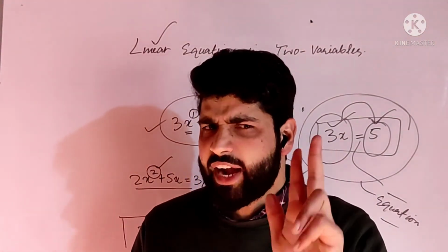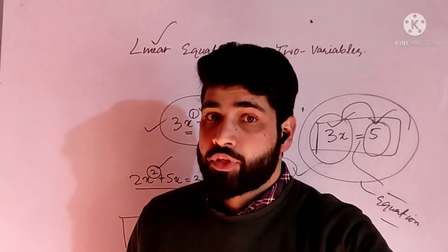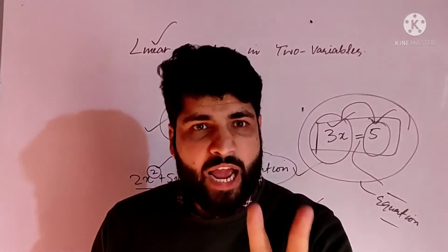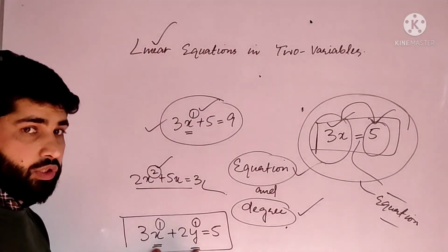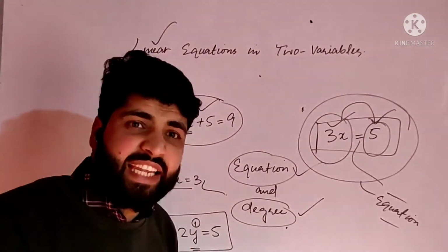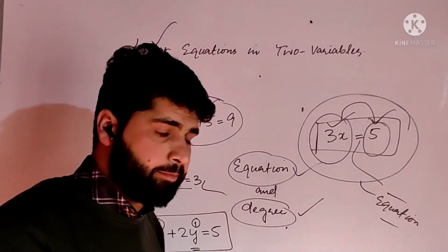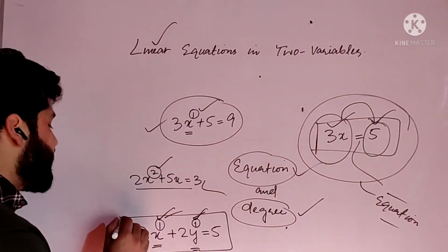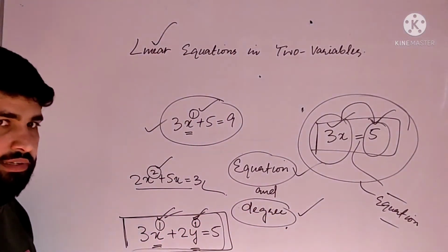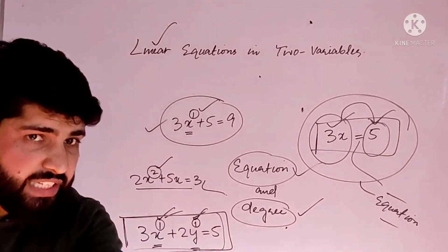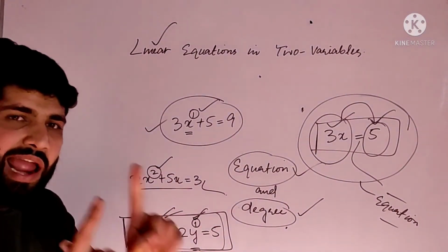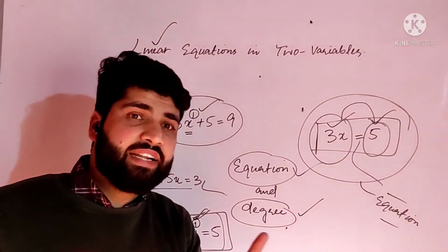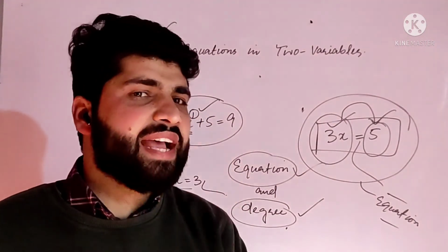Try to understand, this is very important for your study. If in any equation you have two types of variables and those variables have the highest power as 1, we call that equation a linear equation in two variables, because this is an equation which contains two types of variables and the degree of this equation is 1, because the variables have 1 as an exponent.